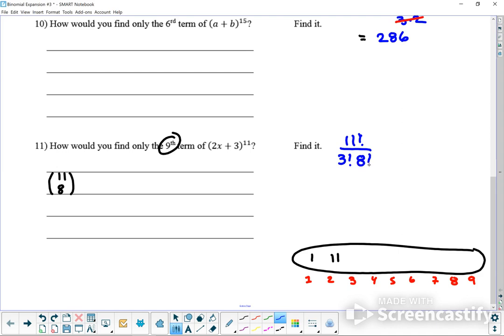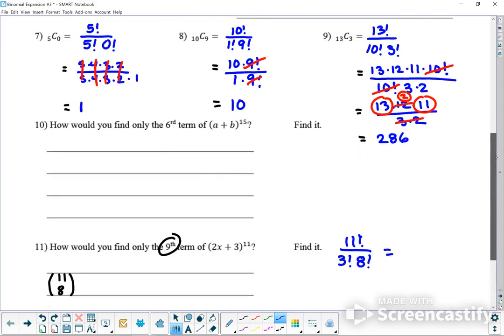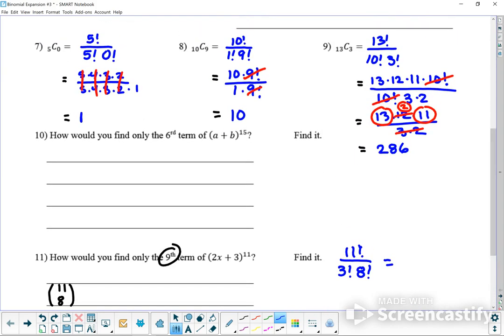Okay, and the way I do it, I usually use the bigger numbers. So 11 factorial, I can go all the way down to 3, like how I did number 9, right? So I used 13 factorial, and I also used a 10 factorial, and I worked out the 3 factorial to be 3 times 2.